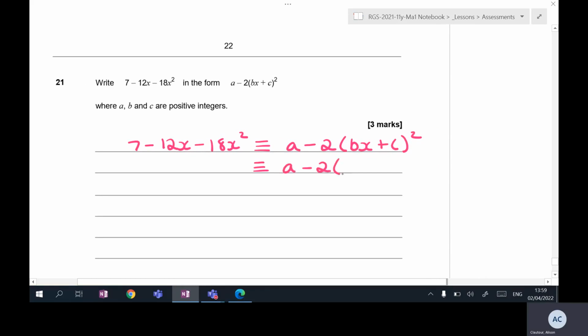So I'm going to multiply out these brackets here. Remember it's bx plus c multiplied by another bx plus c. So I've got b squared x squared, 2 lots of bcx, and then c squared. And then double all of that.